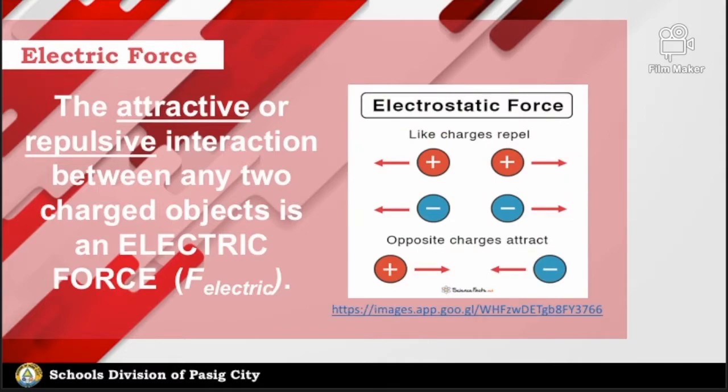The attractive or repulsive interaction between any two charged objects is an electric force. We use the symbol capital F subscript E to represent electric force. Unlike gravitational force, which is attractive in nature, electrostatic force can be attractive or repulsive.